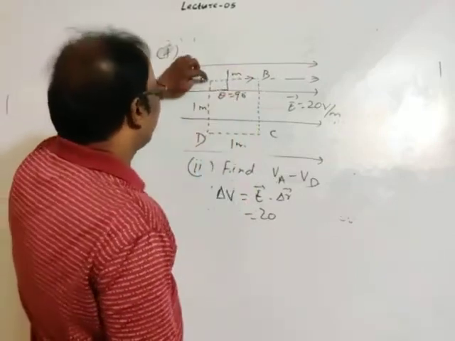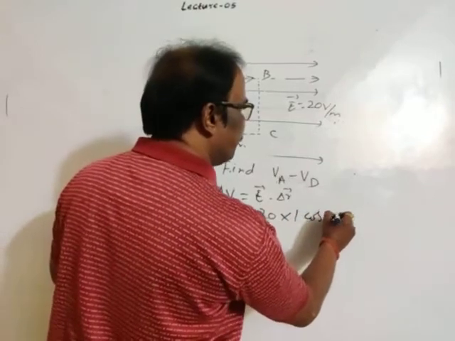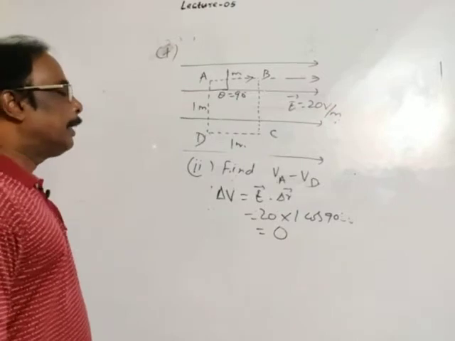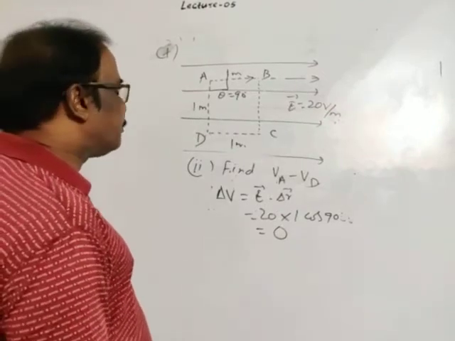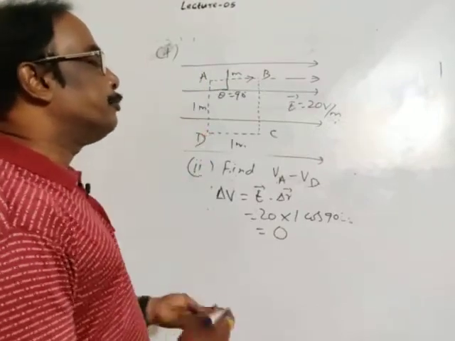Delta R is 1 cos 90, which equals 0. So the potential difference between A and D is 0.